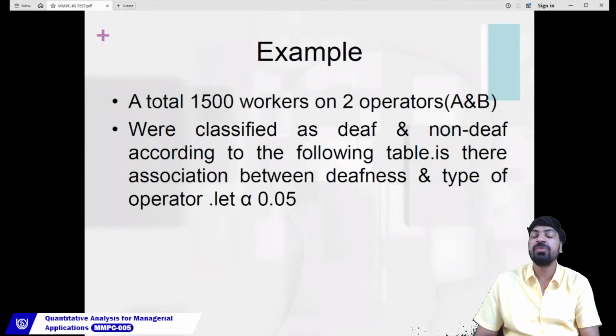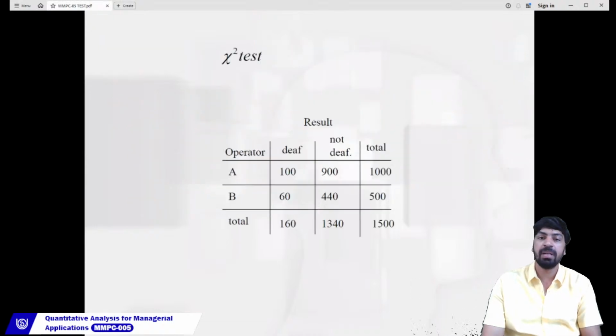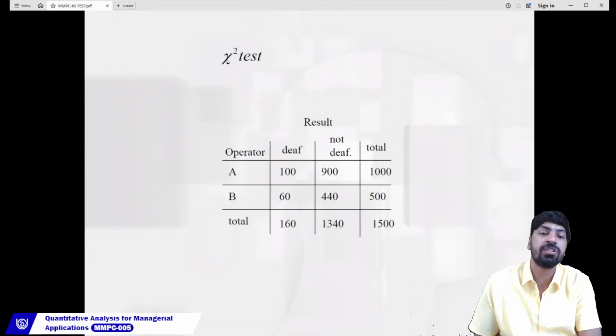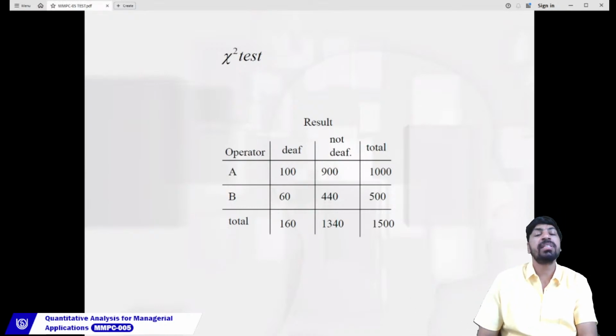Degree of freedom you need to calculate based on the question. So this is the exact question. 1500 workers, it's already given, total 1500 on two operators, and the data is given below. Operator: there is A and B. There are two categories divided, deaf and non-deaf.